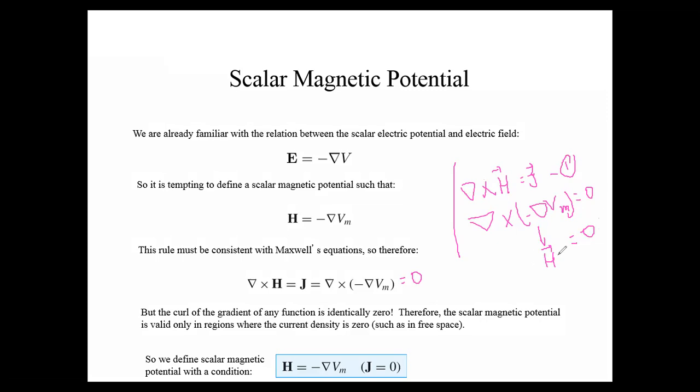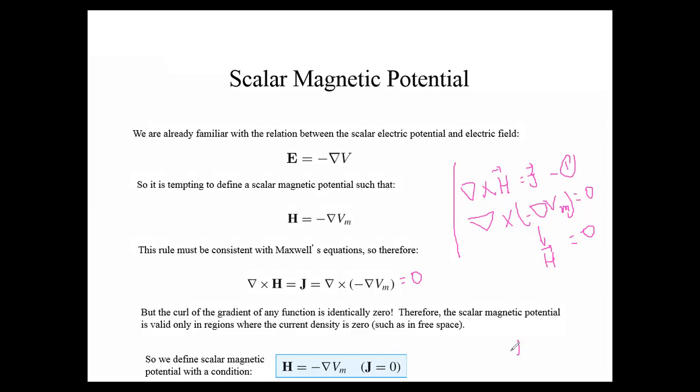Either this one is true or this one is true. And if both are true, under what constraint, under what limitation, can both be validated? It simply means that if I wish to say that this function exists, meaning the scalar magnetic potential exists, then J must be zero. Then and only then this is valid. Yes or no? And what was J?